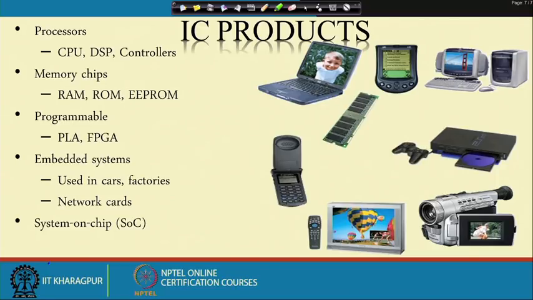Integrated circuit means we are building the hardware, and that hardware building passes through several phases. There are different implementation platforms where you can implement your hardware, and what you need to know about those implementation platforms, we will cover in this introductory lecture.